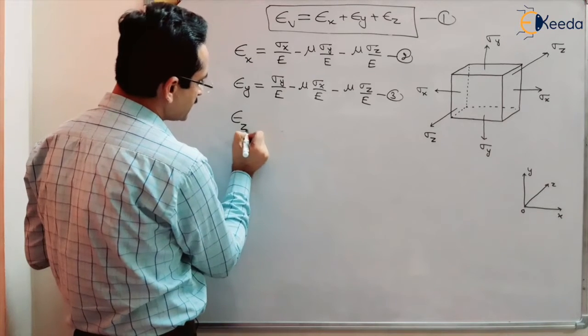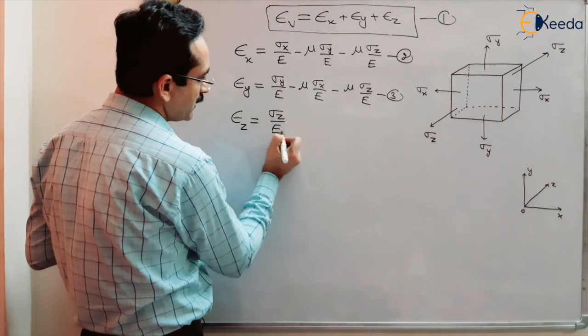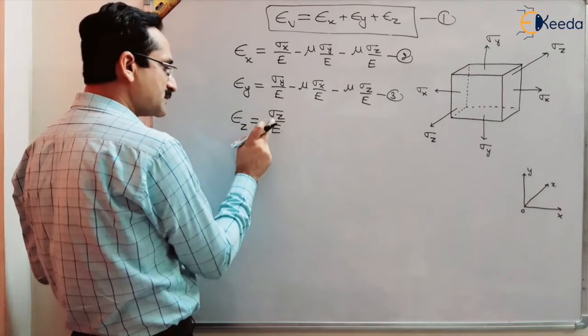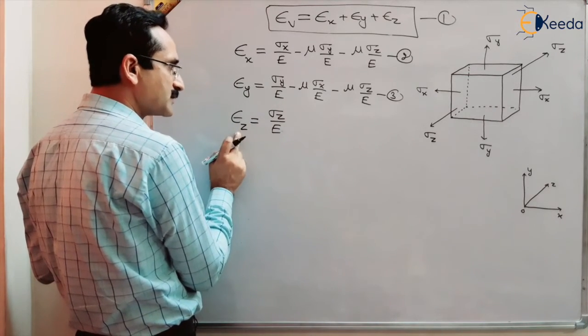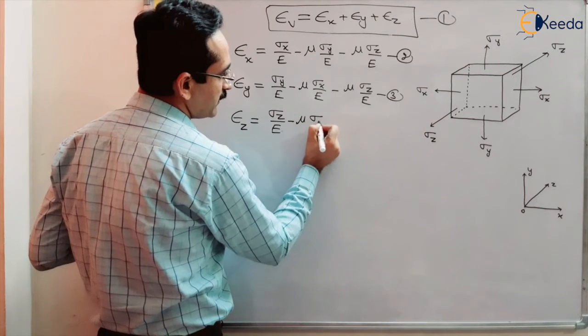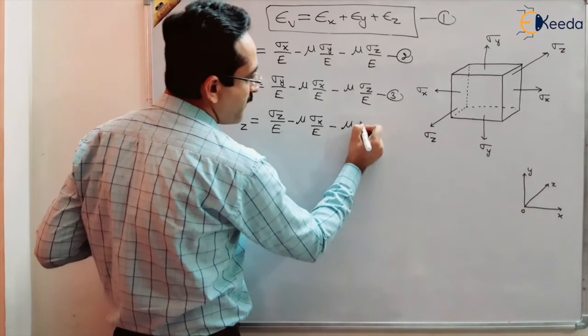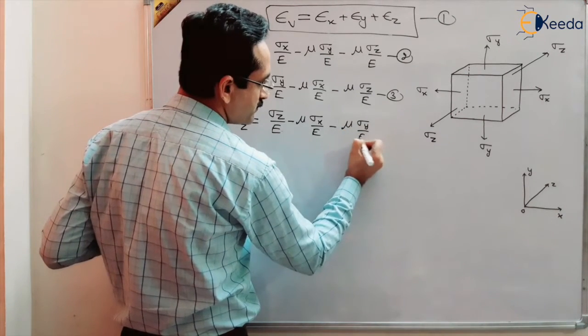Similarly we can write the strain in z direction: this is sigma z upon E, linear strain, because we are taking strain in z direction itself, minus lateral strain in x direction minus lateral strain in y direction.